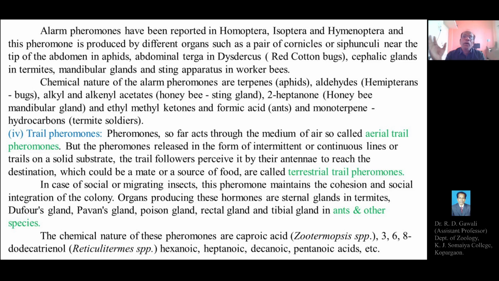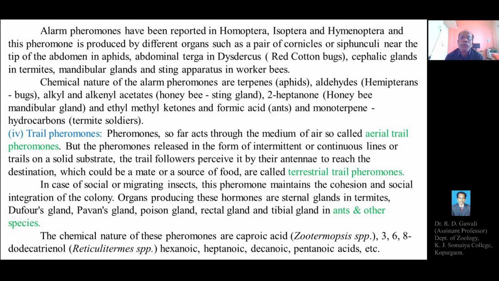So cohesion or integration of the colony will be maintained by the queen substance or pheromones produced by the queen bee in the honeybee colony.